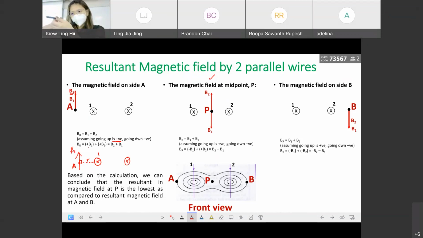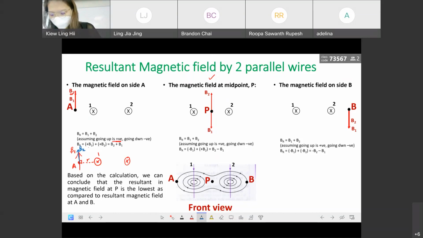So using your right hand grip rule, going into the screen, when it passes through point A, it is going up. So another line, which is B2 here. Now this is a vector. So assuming going upwards as positive, B1 plus B2. Okay?